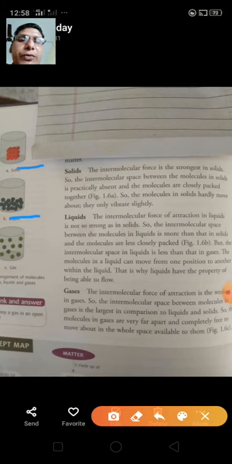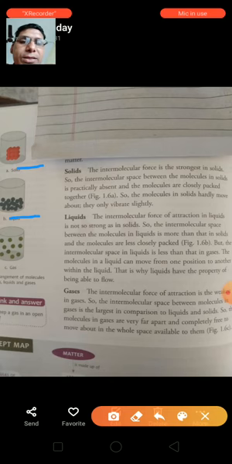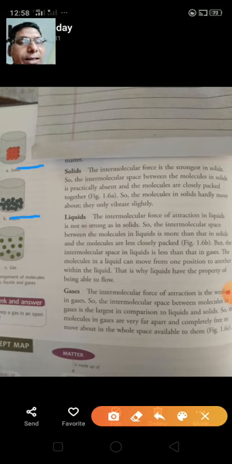The intermolecular force of attraction in liquid is not so strong as in solid. So the intermolecular space between the molecules in liquid is more than that in solids, and the molecules are less closely packed. But the intermolecular space in liquid is less than that in gases.